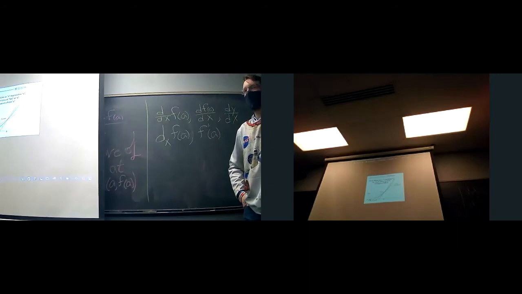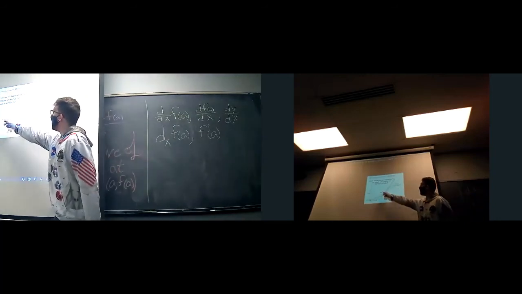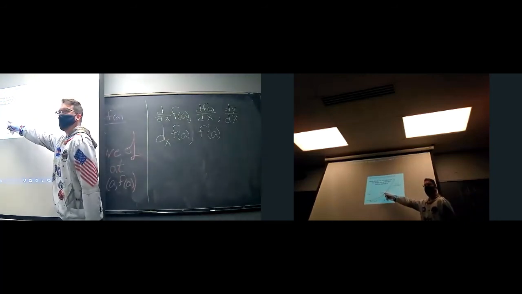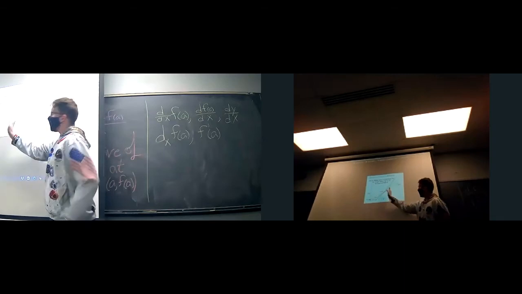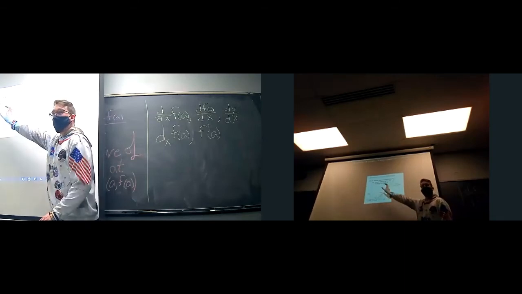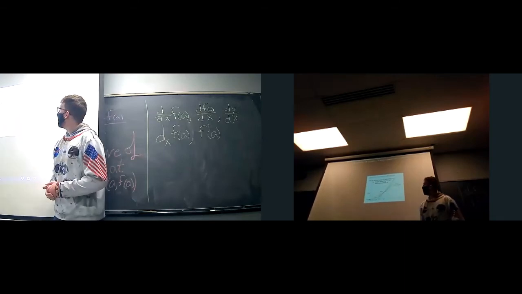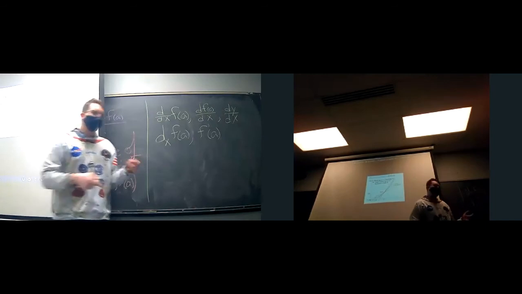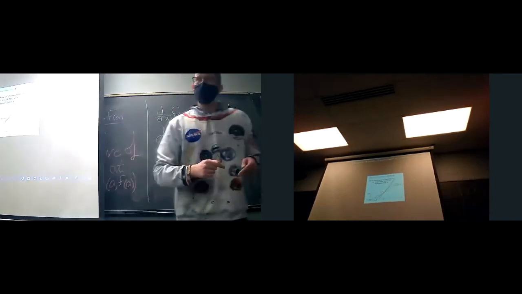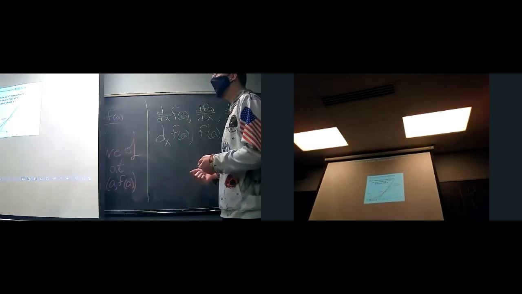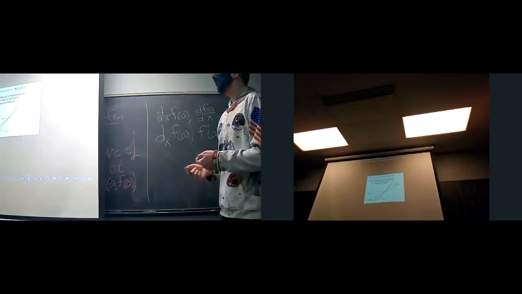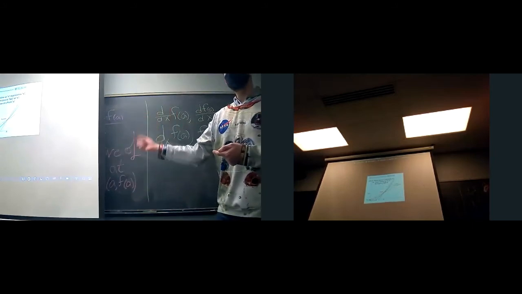Well, the tangent line has a slope at that particular point. If the slope of our tangent line right here is approximately equal to the slant of our function around that point, in some sense, then what this must mean is that the change in our function is related to our derivative.